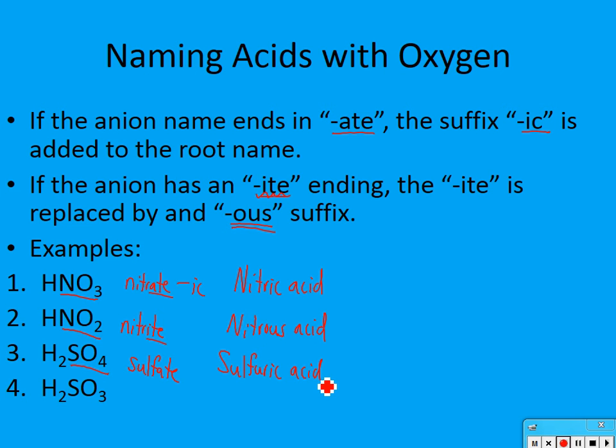Okay, let's try another one. H2SO3. SO3 is what? Sulfite. Okay, it ends in ite, so let's come back up here again. Ite, what do we have to change it to? OUS.